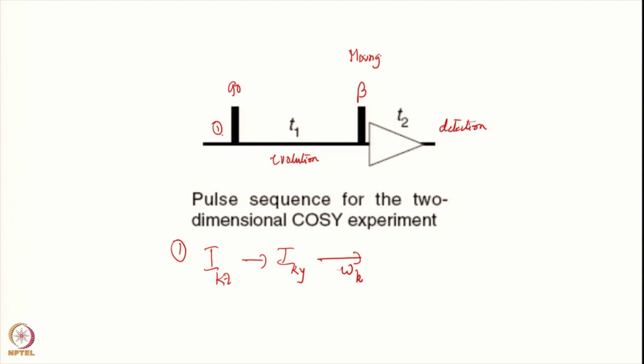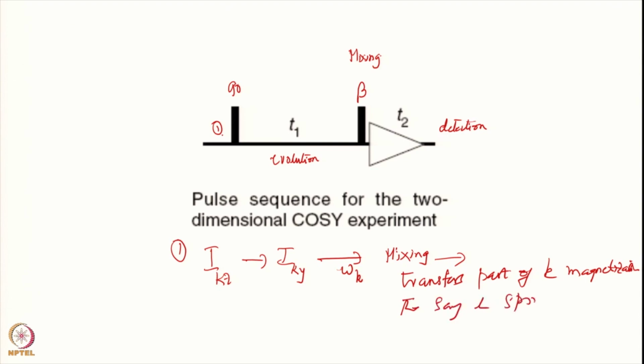Now what happens during the beta period? During the mixing, it transfers part of the K magnetization to, say, the L spin.